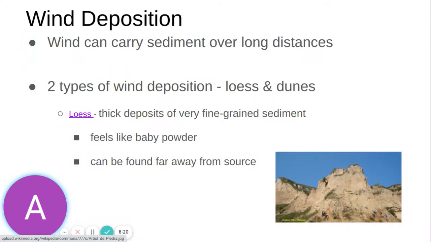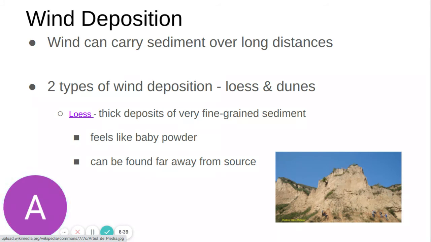Now there's also deposition. Once you have that wind pick up the weathered material and transport it, it's got to end up somewhere. So wind can carry sediment over long distances, and there are 2 types of wind deposition. We've got loess and dunes.